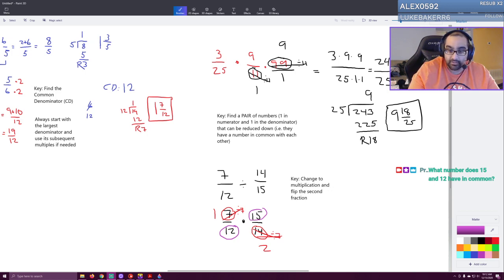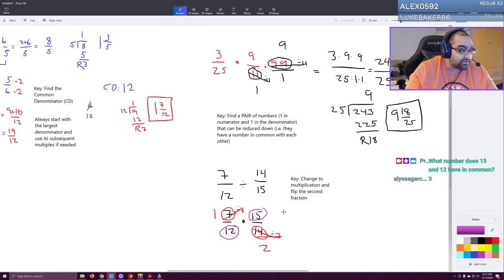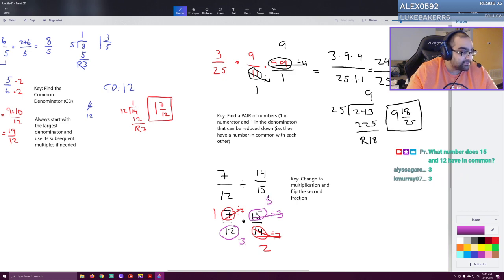All right. Let's do that there. All right, 3. That's right. So we're going to divide each one by 3. And so let's see what we get here. 15 divided by 3 is 5. And 12 divided by 3 is... not 2, sorry, 4. My apologies.